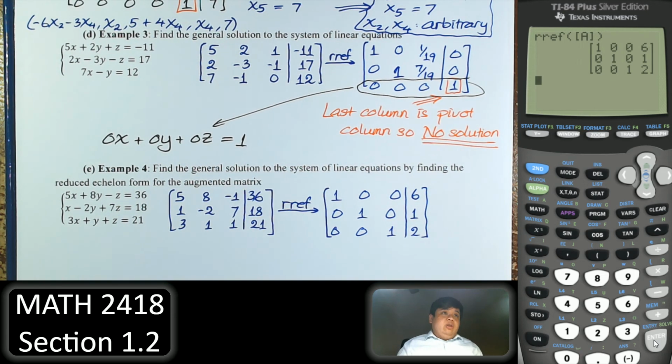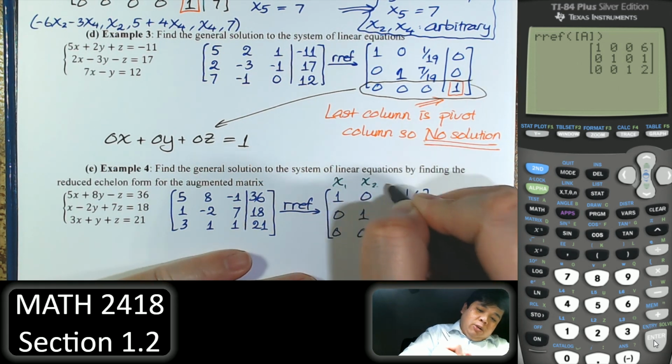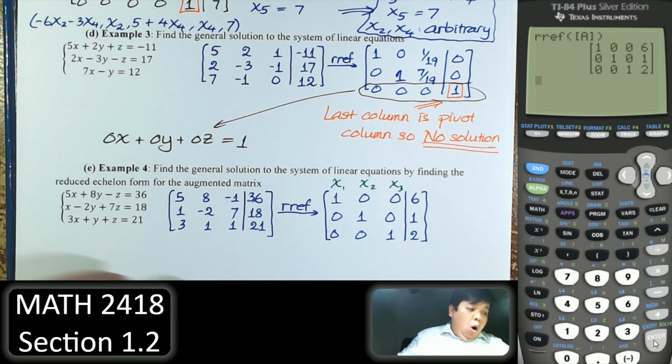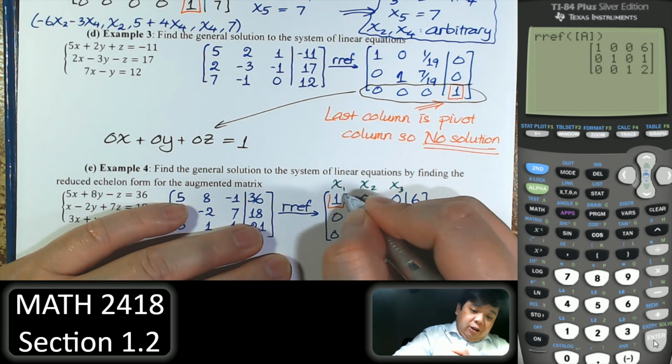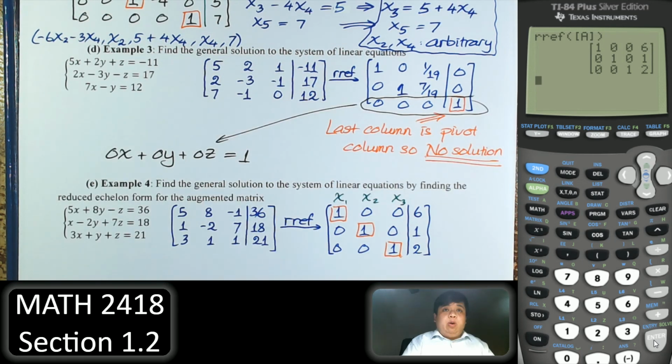Right, so this is in reduced row echelon form. X1, X2, X3, all of them are basic. No free variable, therefore a unique solution.